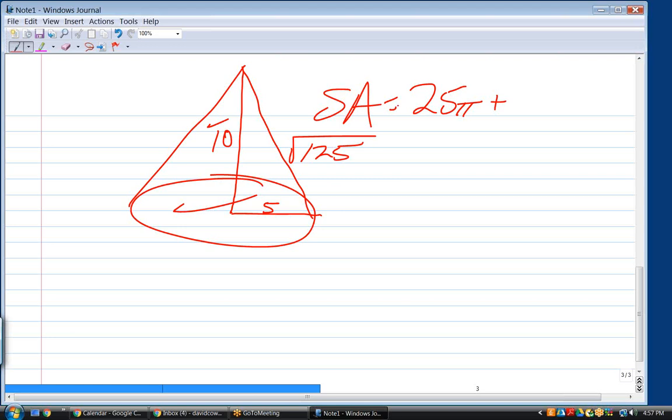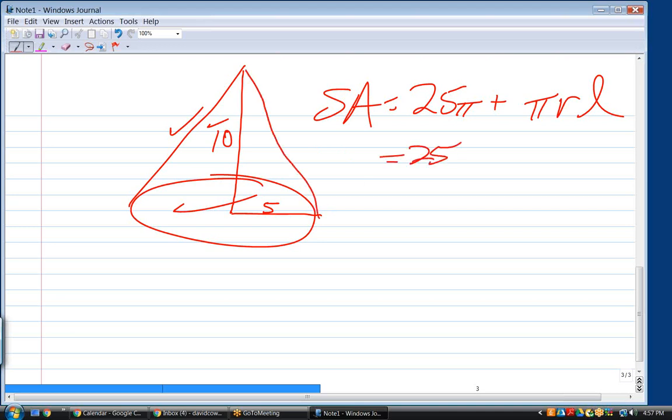The surface area of a cone is defined in terms of this lateral measurement, not the height, but the lateral measurement. And it's pi r lambda. So the surface area is 25 pi plus 5 pi times root 125.